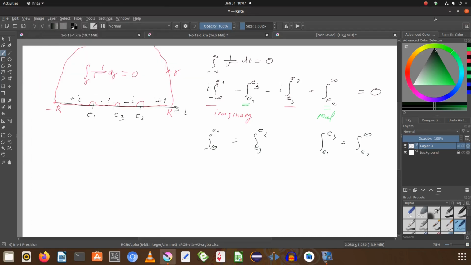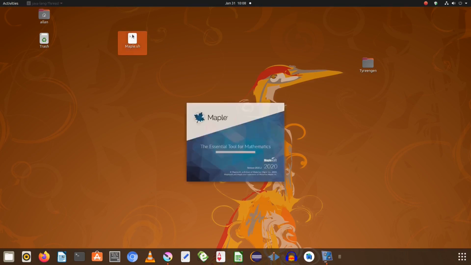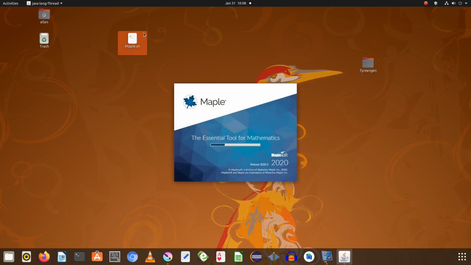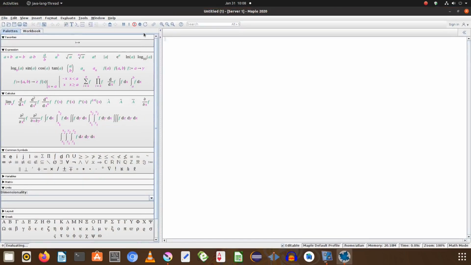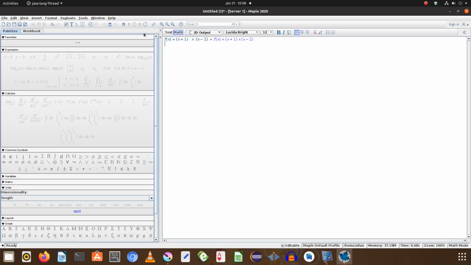So we'll just check it on Maple. Oh, it should have been 1 divided by square root.